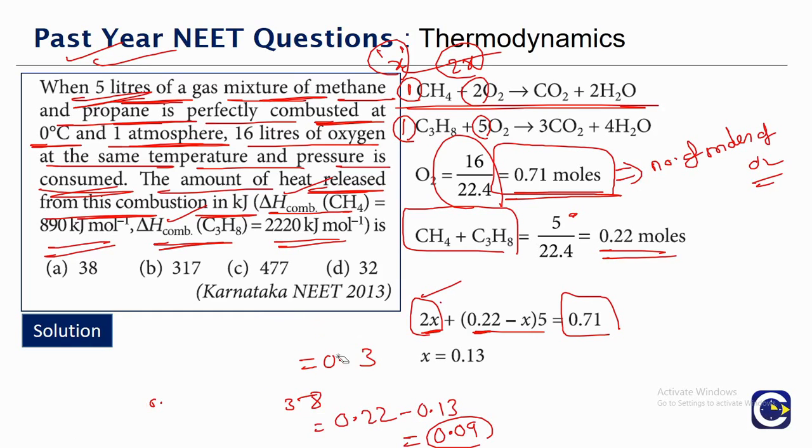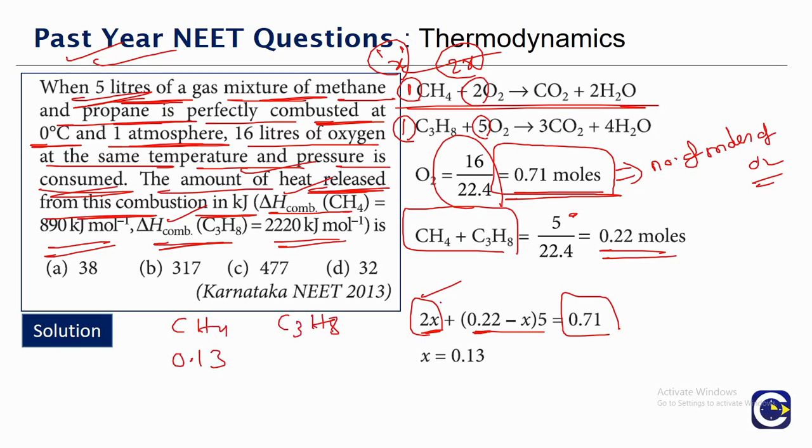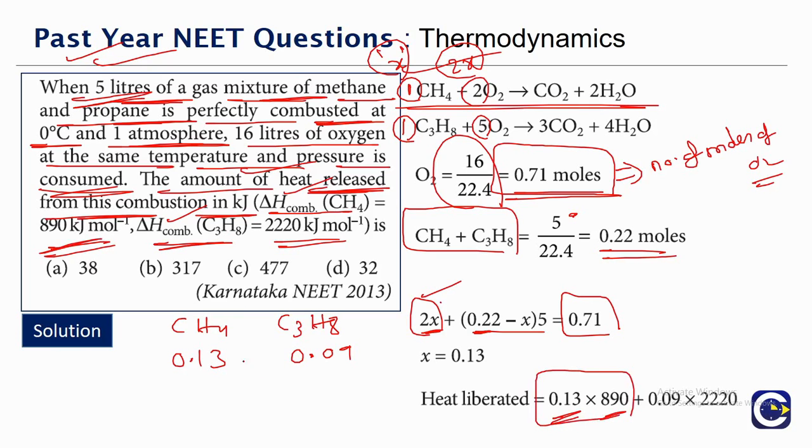So we know the number of moles of methane and the number of moles of propane. For every 1 mole of methane, the combustion energy is 890 kilojoule per mole, and for every 1 mole of propane, the combustion energy is 2220 kilojoule per mole. Now we require the total amount of heat released in this combustion. The number of moles of CH4 is 0.13 and of C3H8 is 0.09. For 1 mole of methane the energy released is 890, so 0.13 mole of methane gives 0.13 into 890, the heat released from the combustion of 0.13 mole of methane.